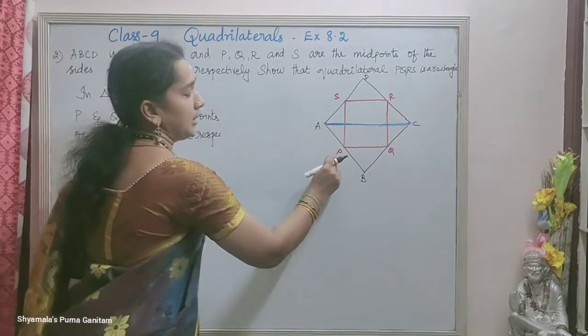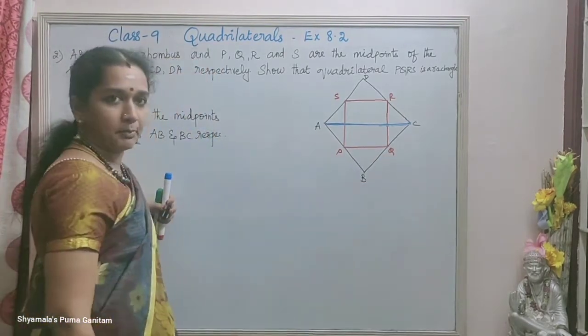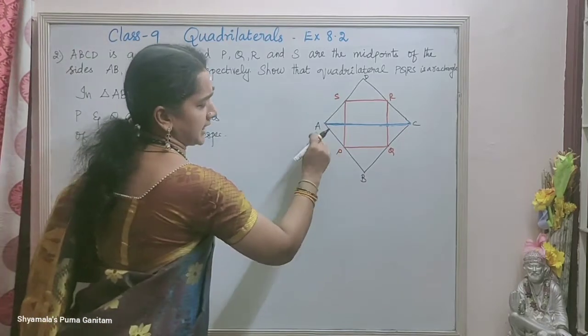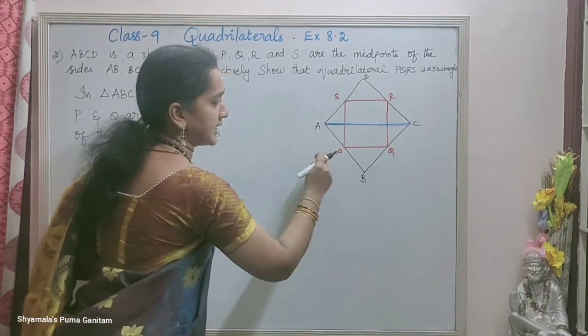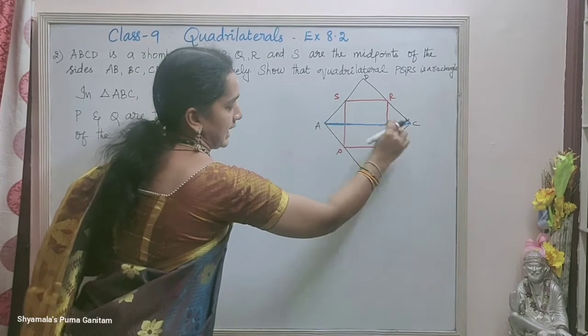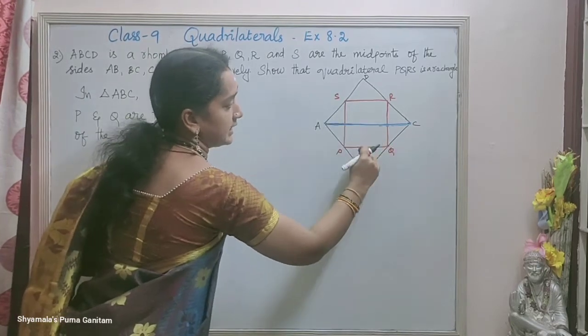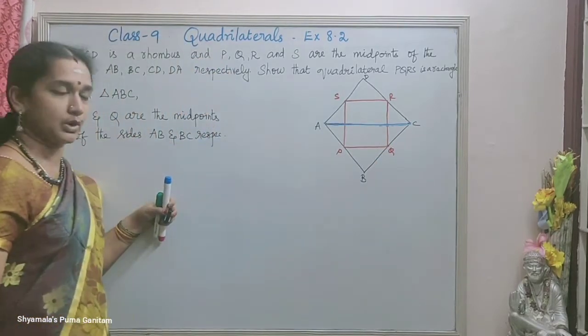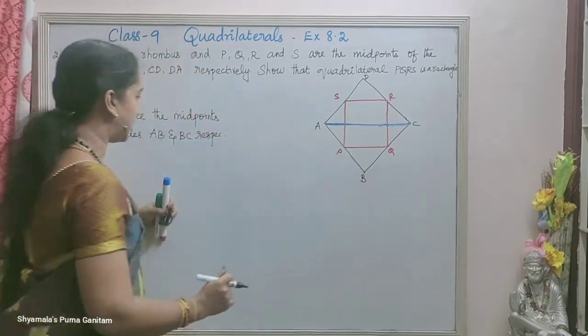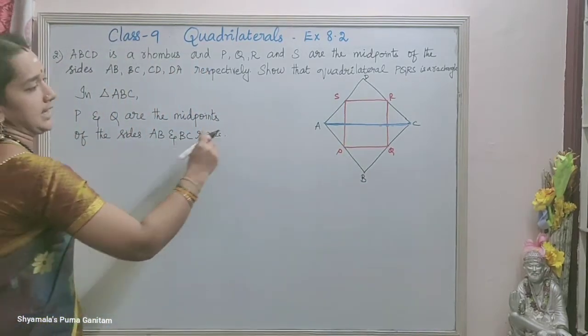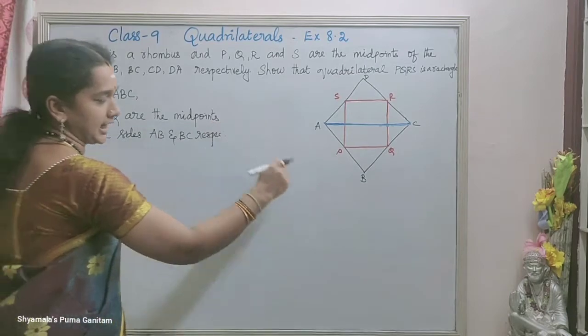Since P and Q are the midpoints of AB and BC, AC is parallel to PQ.